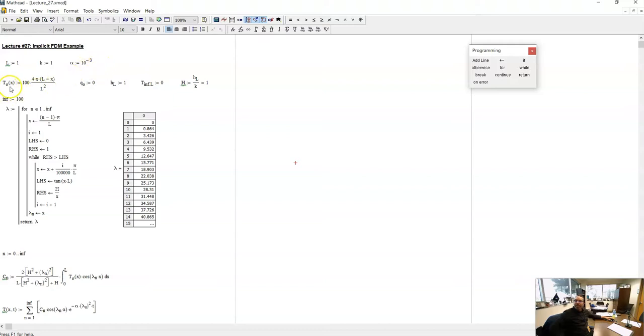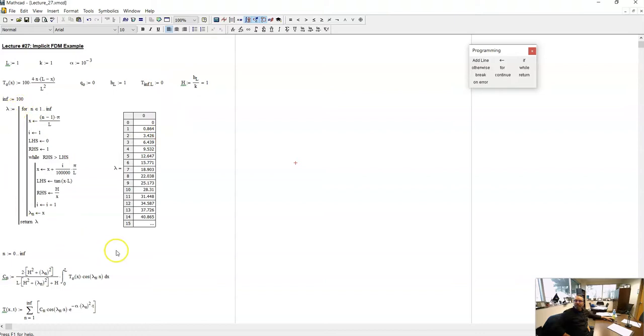Again, we're going to set the initial temperature to be this parabolic distribution that is 0 at the ends and 100 in the middle at L over 2. We're going to set the flux on the left to be equal to 0. We're going to set the film coefficient to be 1. And in SI units, that will be watts per meter square Kelvin. And we're going to set the temperature on the right-hand side, the convective temperature, to be 0.